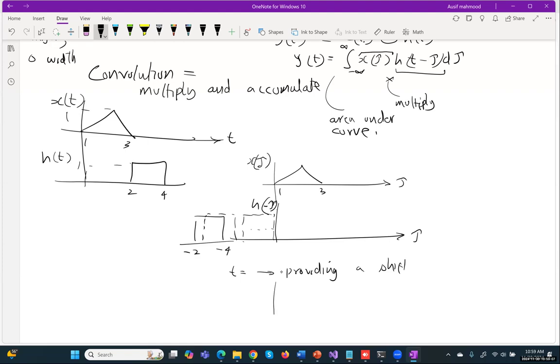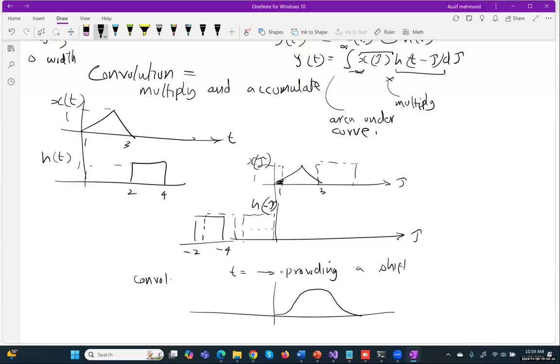So if we plot the convolution, as you can see, as the box starts to move over here, it is now accumulating this much area, so you will see the values start to increase and then decrease once the box is over here.